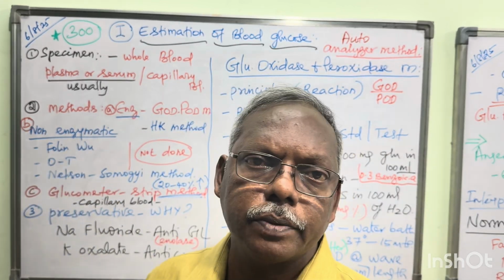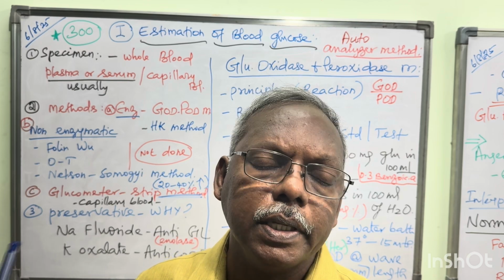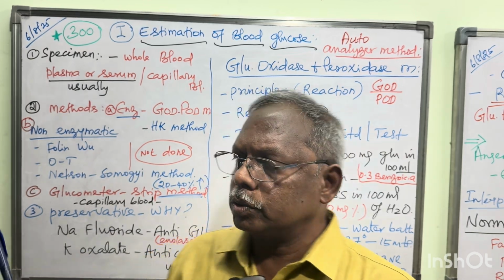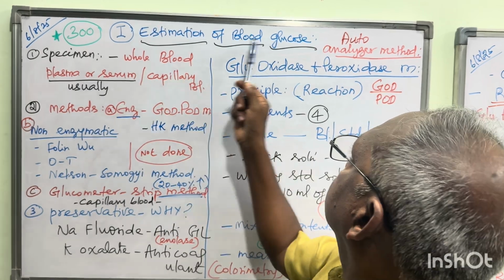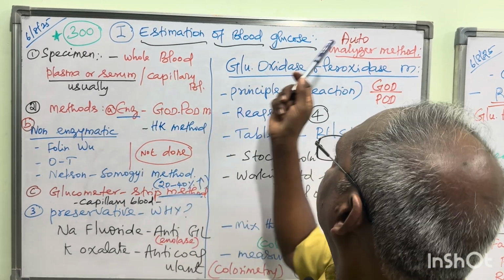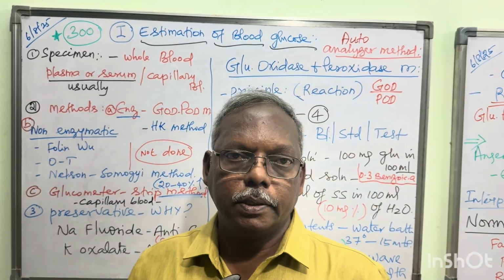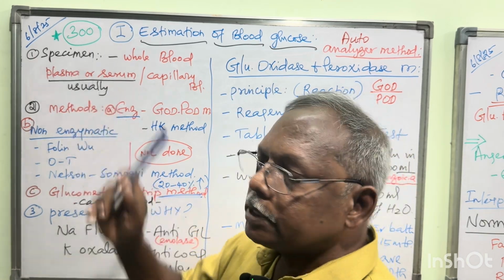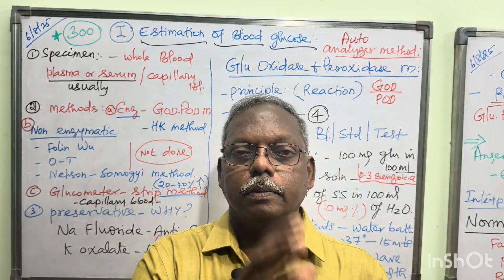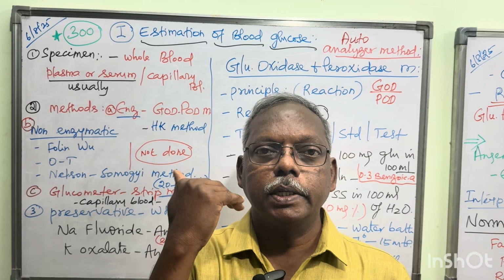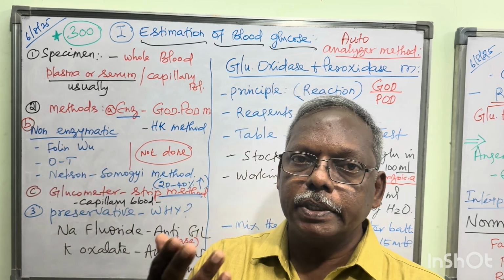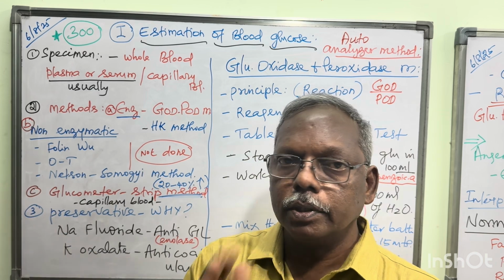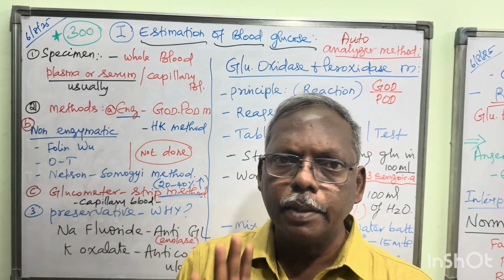So how to start, and what are the important points for the estimation of blood glucose? The first one is estimation of glucose by autoanalyzer method. Specimen: for a patient who is advised to go for blood glucose estimation in the lab, the patient comes to the laboratory.